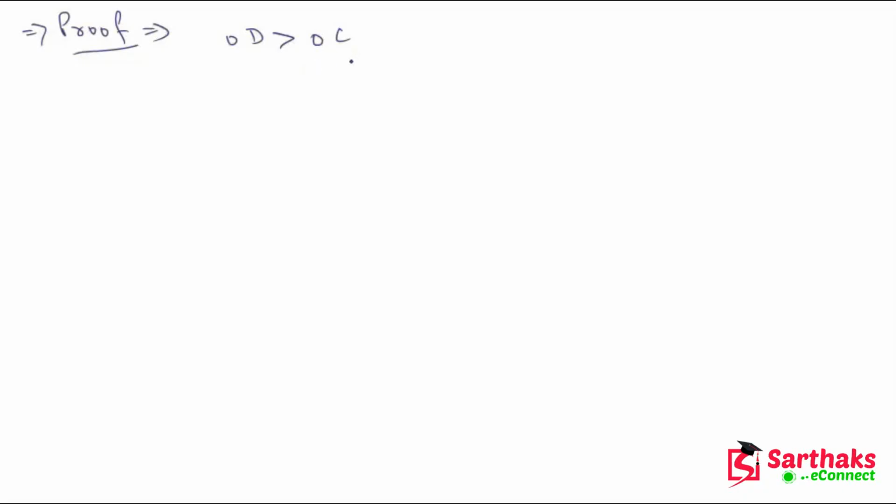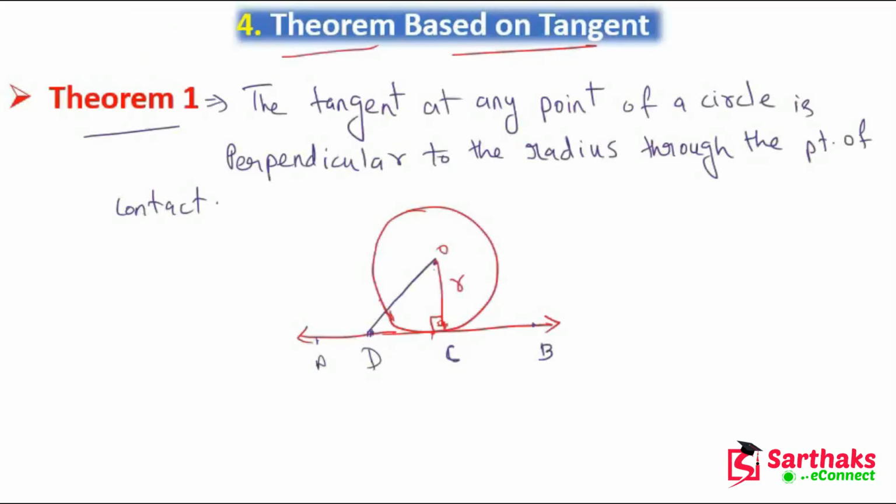This happens for every point on AB except the point of contact C. If we take any other point and draw a line, that line is also greater than OC.